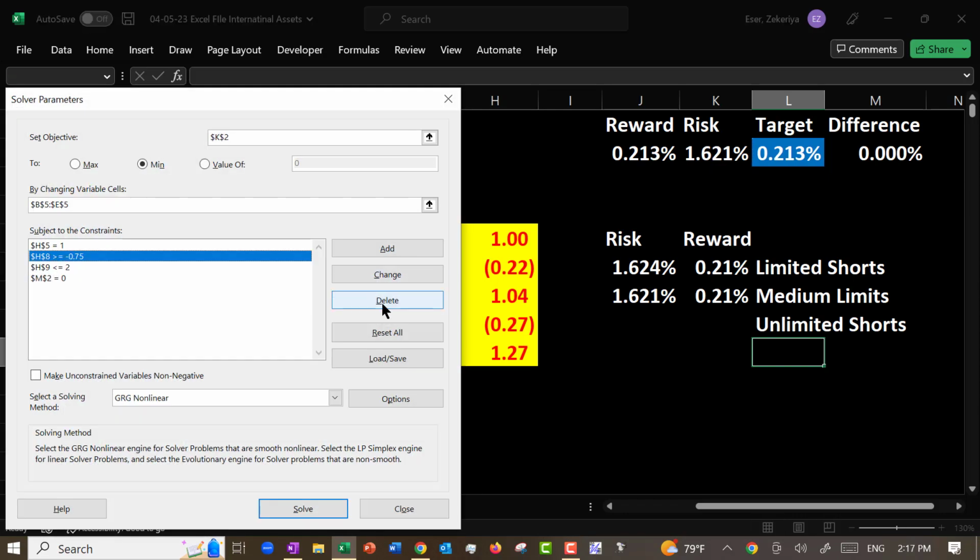It's totally unlimited. The only thing I care about is that actual return is the same as the target return. Other than that, and weights add up to one, and that's it. That's all I care about.